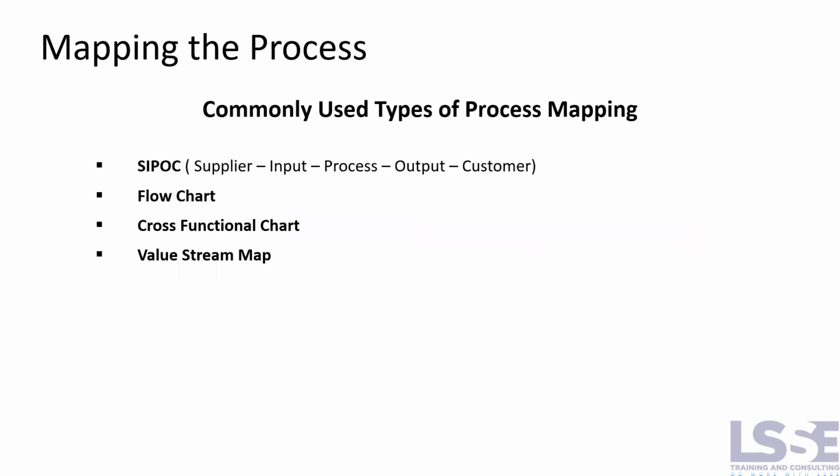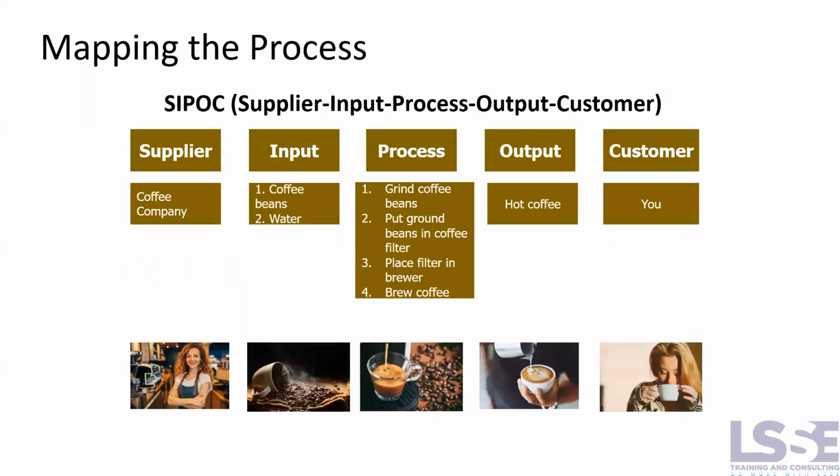So we've said that there are four types of process map: SIPOC, flowchart, cross-functional chart, and value stream map. We'll cover the first one, which is the easiest, SIPOC. It stands for supplier, input, process, output, and customer. Here's an example of a SIPOC for, let's say, a coffee shop.